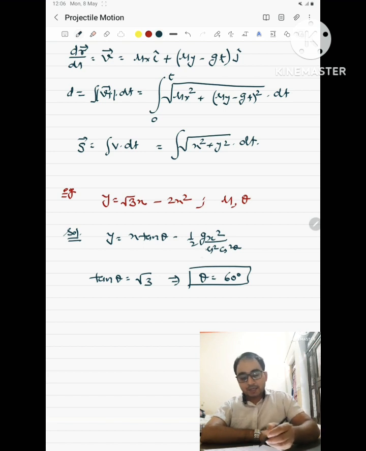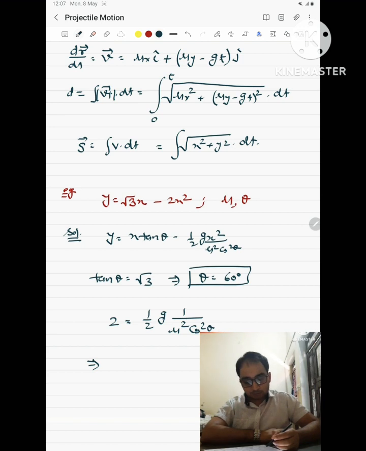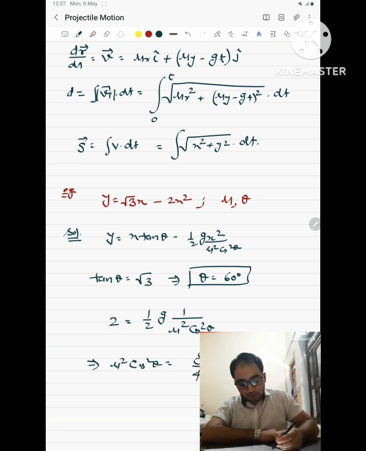Now if we compare the second term, we will get 2 equals half of g into 1 upon u square cos square theta. So from this equation, u square cos square theta is g by 4, and u square is g by 4 into cos square theta.